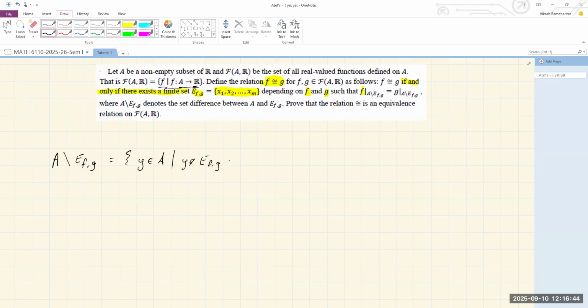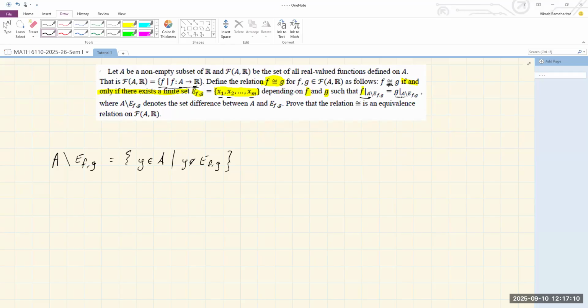So all the set is saying is that you take the set A and you remove from it all these points, x1, x2, and so on, xm. So if it happens that the function f restricted to the set is equal to the function g restricted to the set, we say that these two functions are equivalent under this relation.